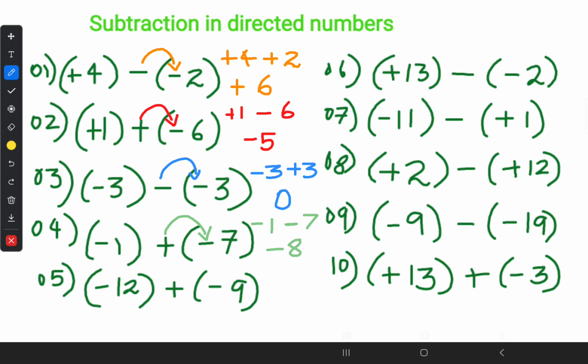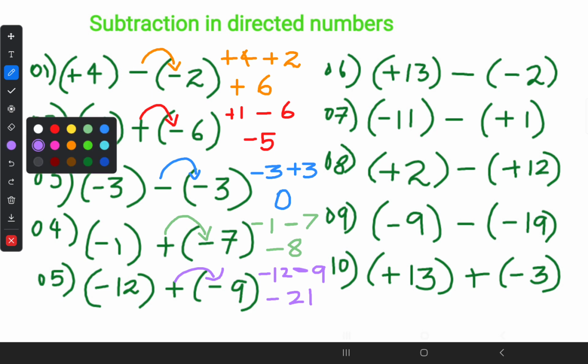And then the next one, negative 12. Positive into negative would be negative 9. 12 and 9, both are the same direction, so you should add with the same direction.